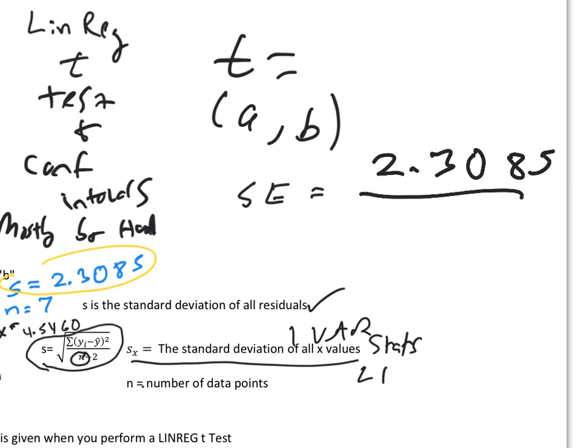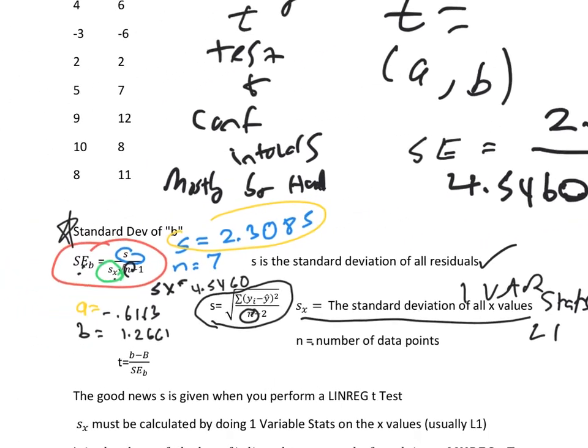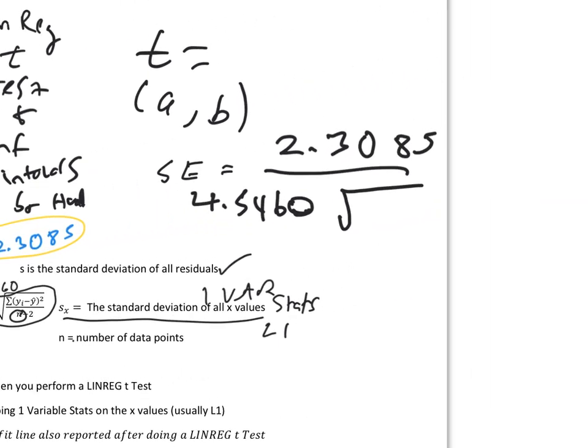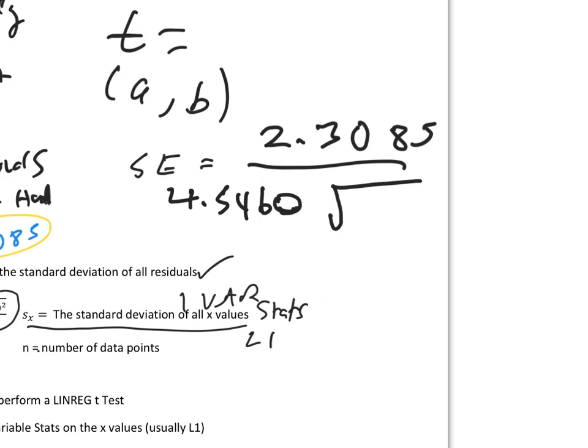Divided by my standard deviation of the x's, 4.5460, times the square root of, what's the formula say? N minus 1. What is N minus 1?